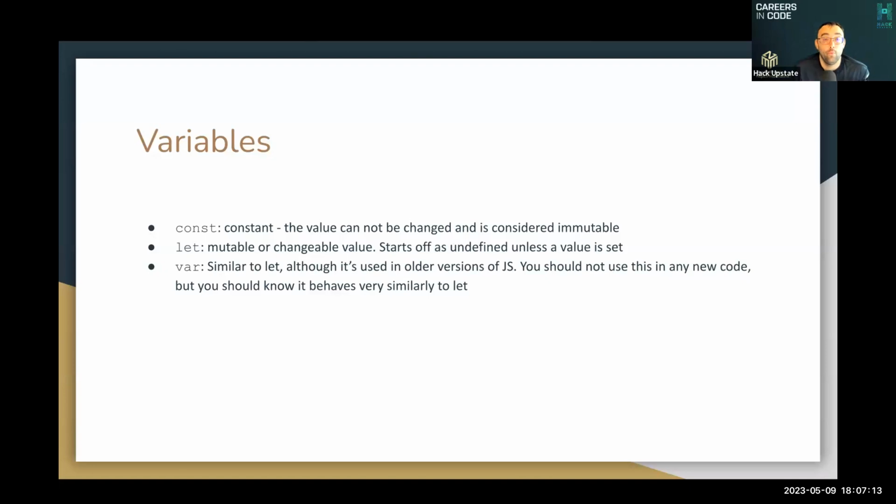Whenever we use const or let, we're declaring a new variable, and whatever name comes after the const or let is the name of the variable. Then the equal is the assignment operator, and whatever comes on the right of the equal is going to be stored in the variable name on the left.